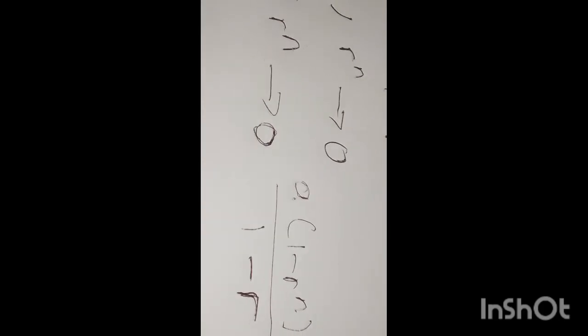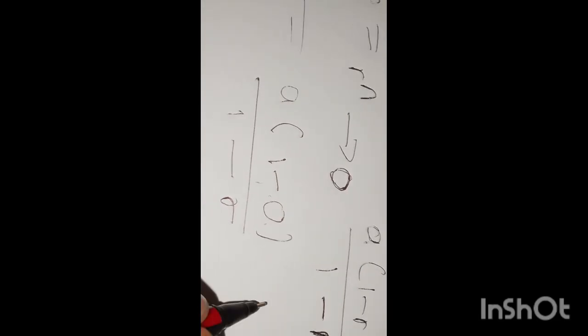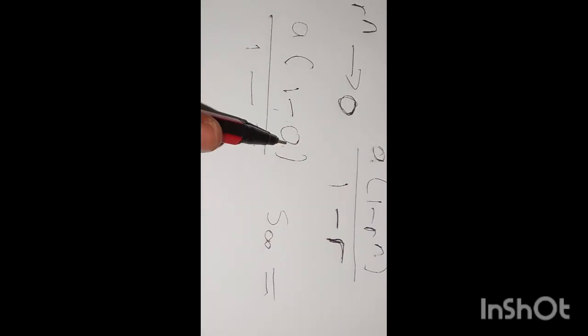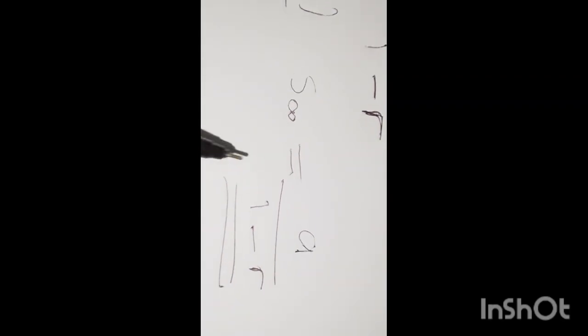As r to the power n approaches 0, we're going to remain with a, then 1 minus 0 over 1 minus r. So 1 minus 0 gives us a 1. So a times 1, which means we have a over 1 minus r. Therefore this is the sum to infinity of a GP.